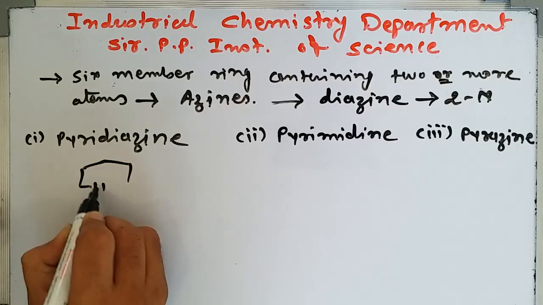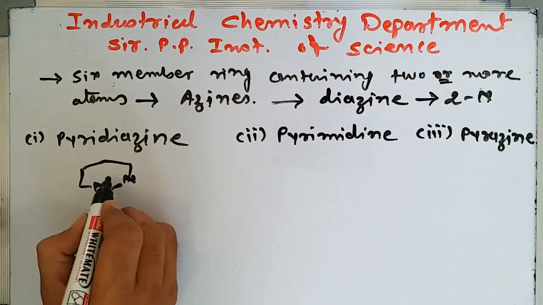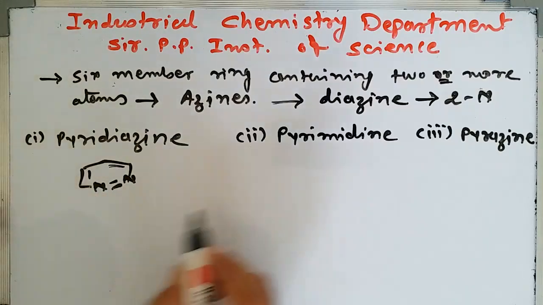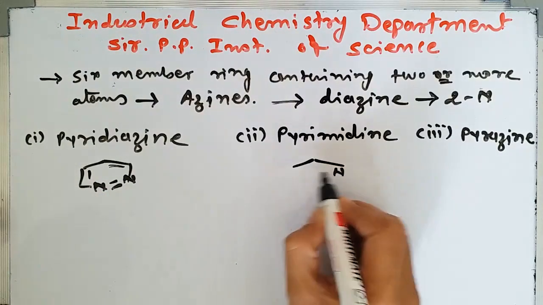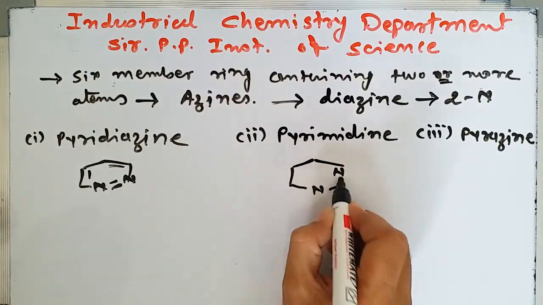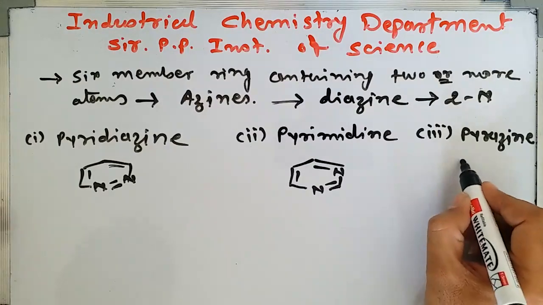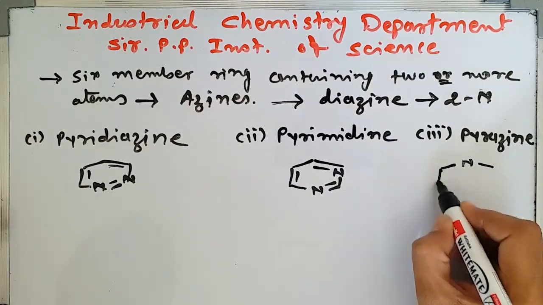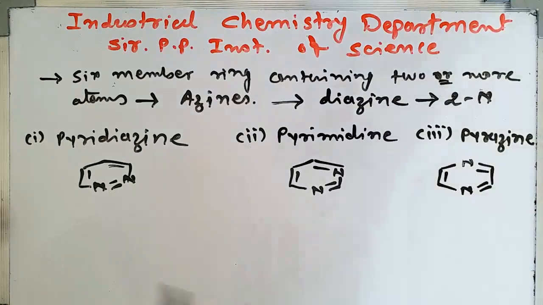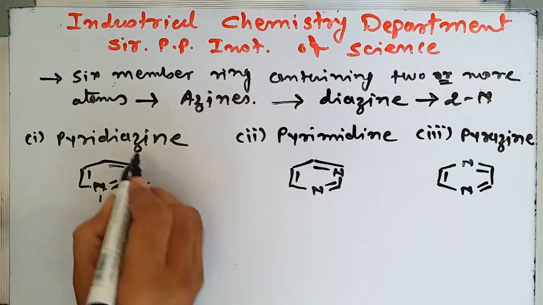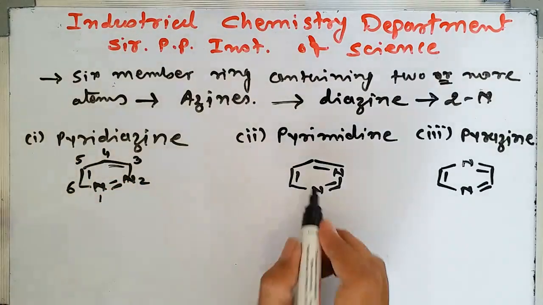Six-member ring containing two heteroatoms as nitrogen: 1, 2, 3, 4, 5, 6.